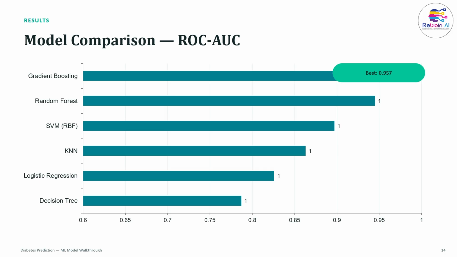Then logistic regression, KNN, and SVM sit in the middle. And at the top, clearly separated from the rest, are our two ensemble methods: random forest at 0.945 and the winner, gradient boosting, at 0.957. Both ensembles combine many weaker models into something stronger and more stable, and that shows up directly in these numbers.